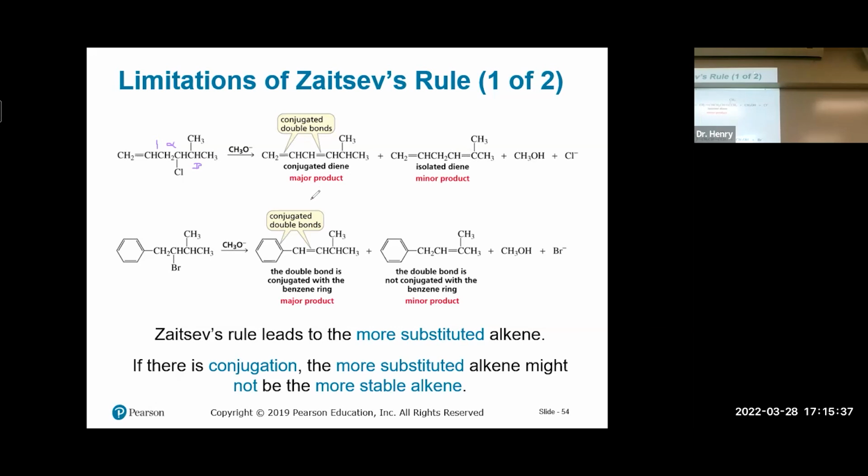Okay, so this one is a conjugated diene. And if we remember, conjugated dienes are typically more stable than isolated dienes. And so our major products are going to be here.